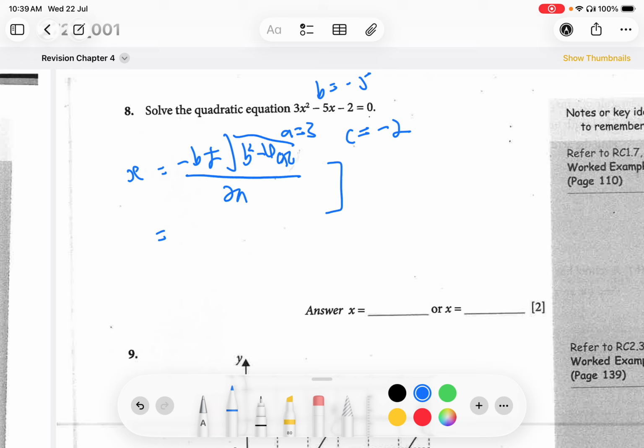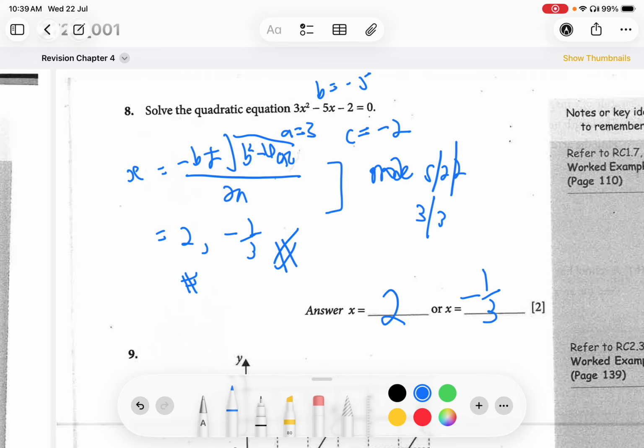Then you press a calculator mode, mode 5 2 2 or mode 3 3, depending on the calculator that you have. You get 3 minus 5 minus 2 and 1/3. 2 minus 1/3. That's your answer. Because this is solving, solving means just try to find the answer.